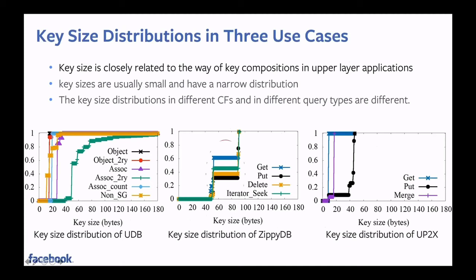But in the ZPDB case, since it is a distributed key store, we generate the key based on the rules we have internally. So its size is just a fixed number, and we don't see any distribution here. It is similar in the UP2X, maybe just an integer as a key or a 20 bytes hash value as a key. But for the UDB, it has a long tail distribution.